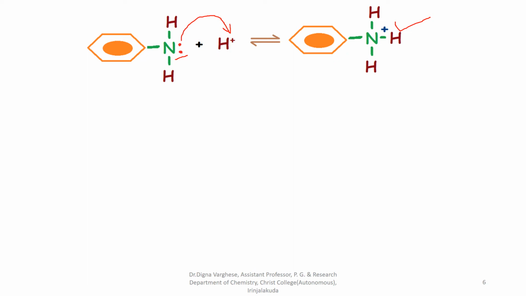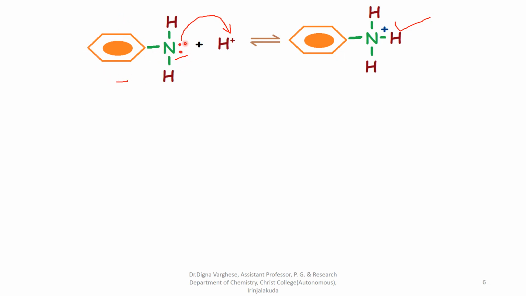But in aniline there is a plus R effect, plus R or plus M effect, present on the NH2 group attached directly to the benzene ring.